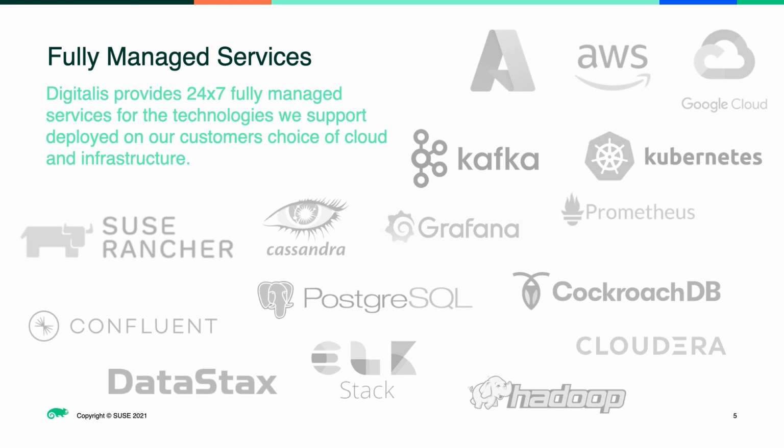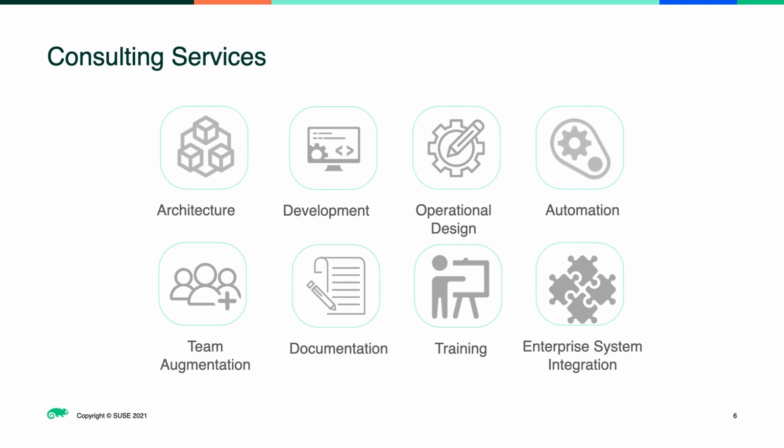Next slide, Sergio. We also offer consulting services, and the scope of the consulting services we can provide to our clients is pretty broad. We can help with architectural designs, figuring out the best architecture for a use case. As I said, we also do development work, a lot with the data intensive stuff.